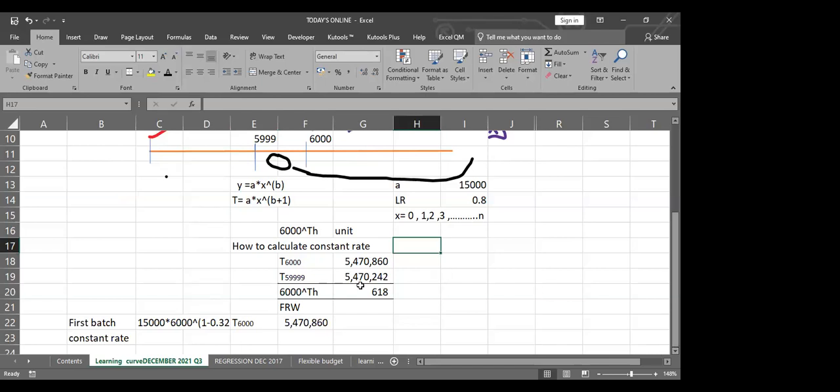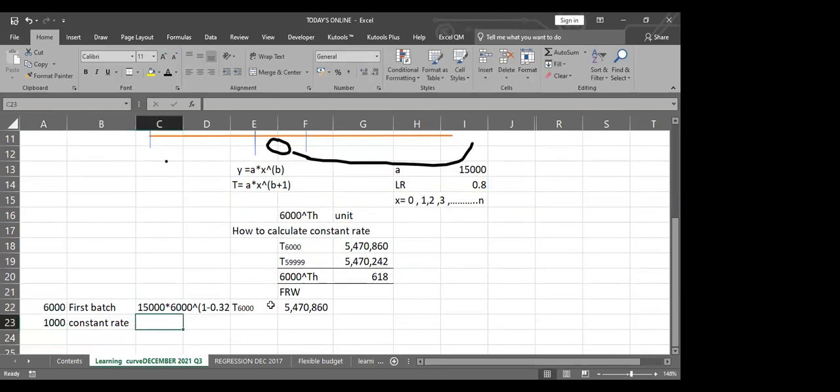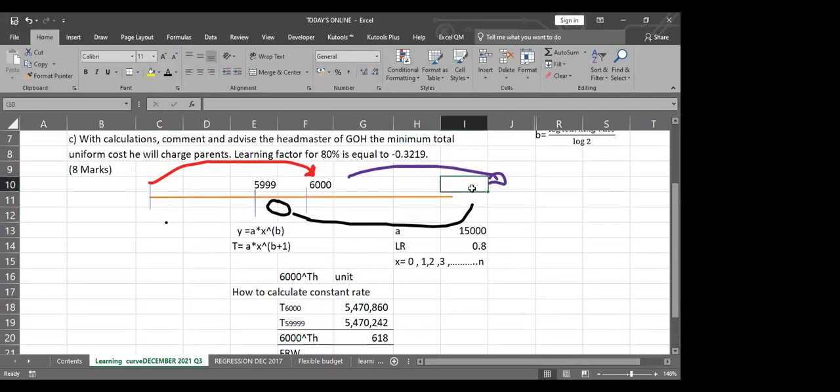This rate is the one they use throughout to the end of what they are producing. Remember, they have to produce 7,000. So 6,000 is for the first batch, then the balance is 1,000, because at the end they're supposed to have 7,000.